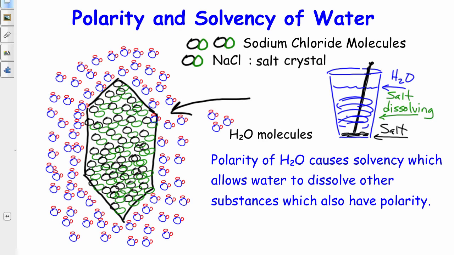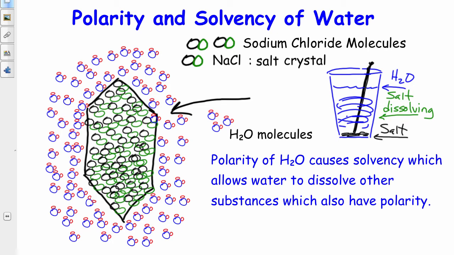So not only does polarity cause cohesion, surface tension, adhesion, and capillary action, but polarity also causes water to be able to dissolve other substances. And so polarity and solvency kind of go hand in hand.